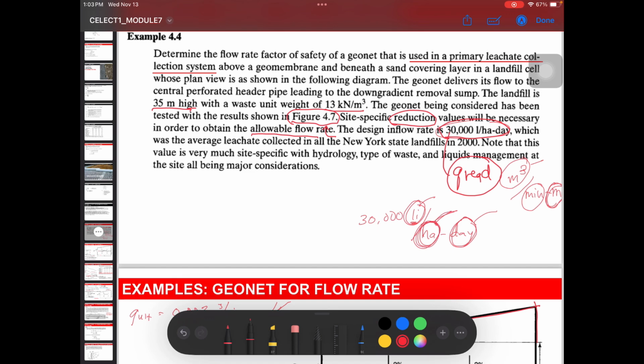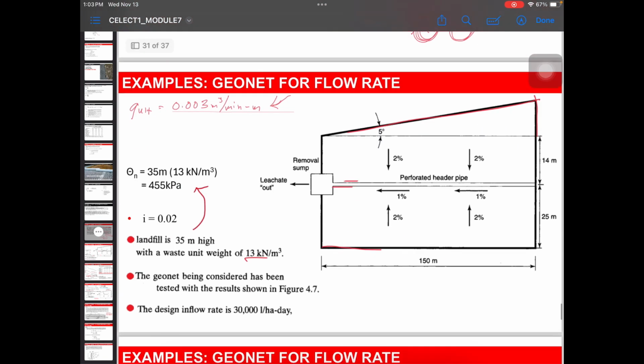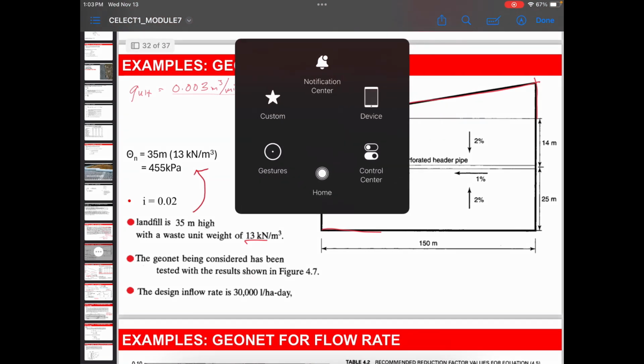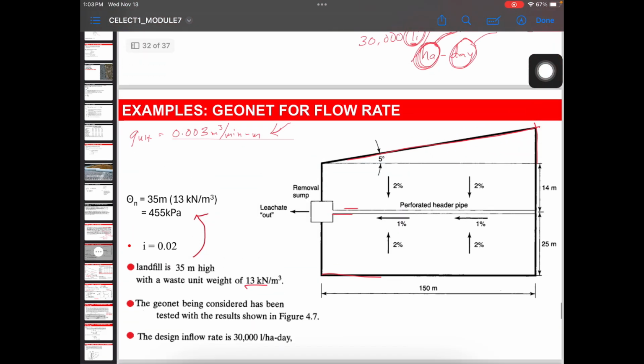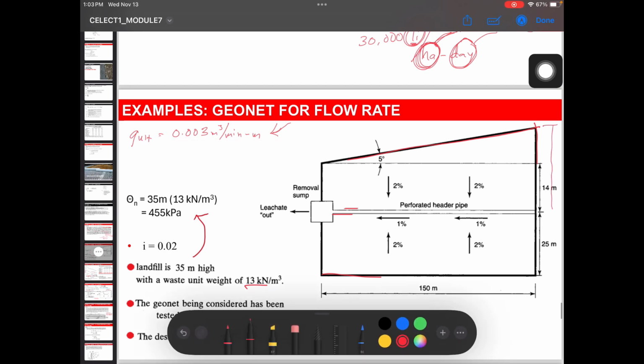But this one is squared, hectare yan. So pag kinonvert mo yan, m squared yan. But we only need a linear unit na meter. So kasi, we need to multiply pa itong width ng landfill. So, aling width ang gagamitin?